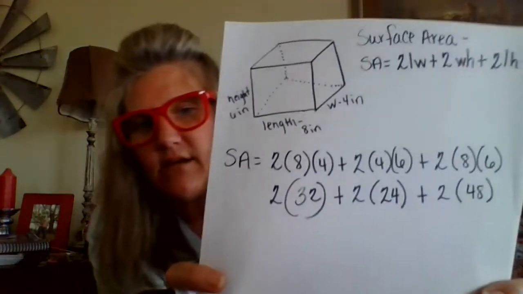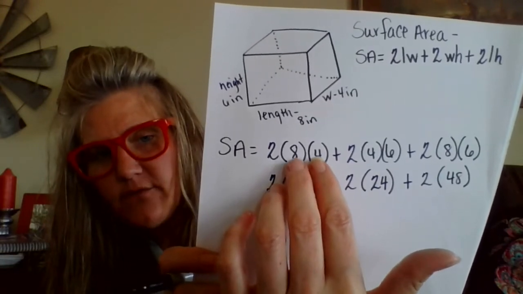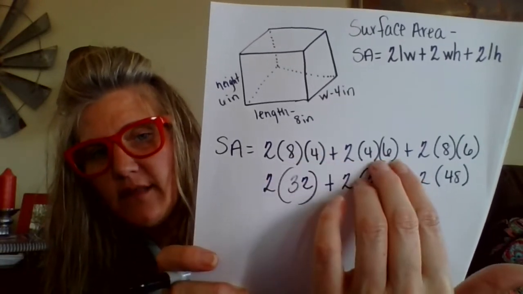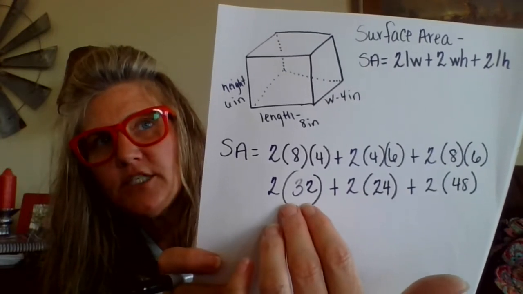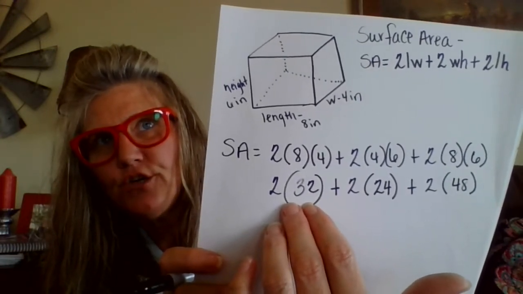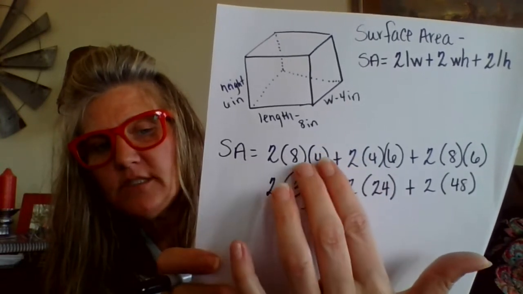So I broke it down like that. All I did was multiply first the numbers that are in the parentheses. Then I'm going to multiply 2 by the numbers that I had already multiplied, okay?